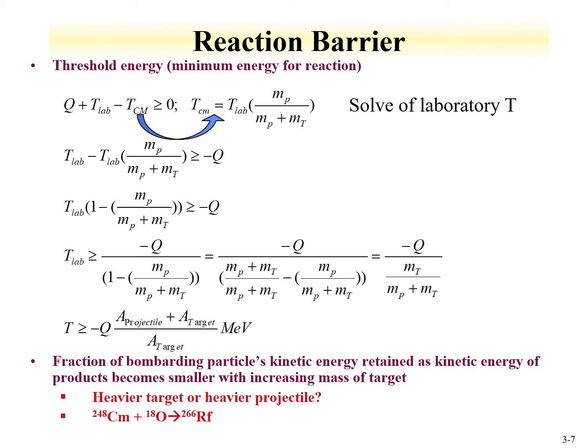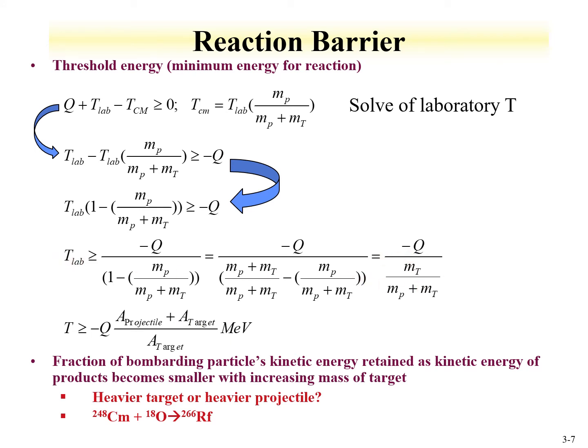We come up with the rearranged equation, which is listed here. We've put the Q value onto the other side of the equation. We take the kinetic energy of the lab term out. Now we can rearrange this equation and solve for what the kinetic energy of the laboratory must be greater than. We get to this equation here.